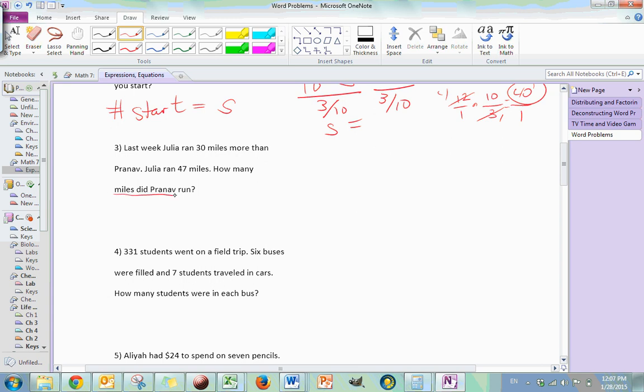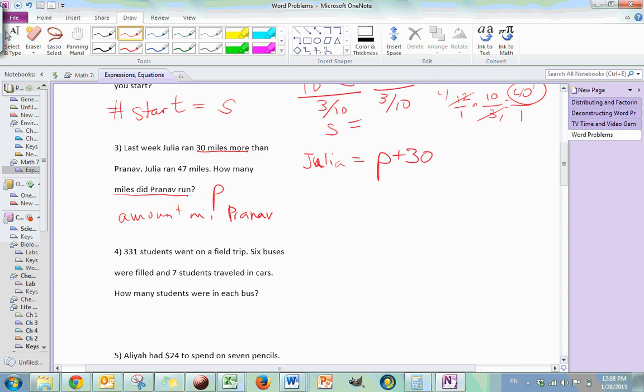Well, we don't know anything about how far Pranav ran, so the amount of miles run by Pranav is P. So the amount that Julia ran is 30 miles more than Pranav. That's the amount that Pranav ran, but then 30 miles more, so plus 30.